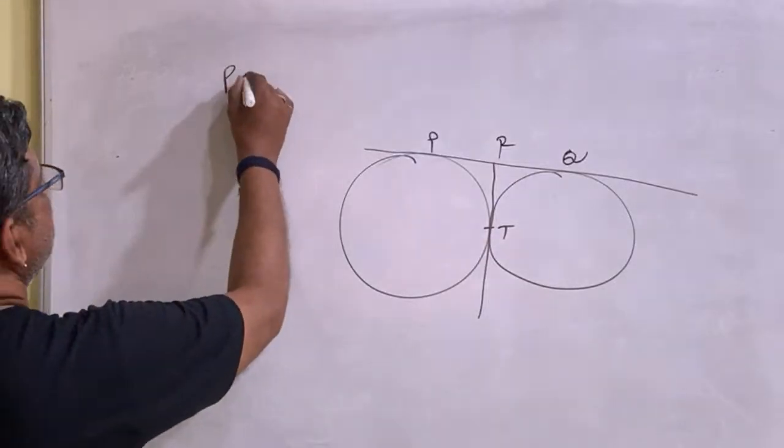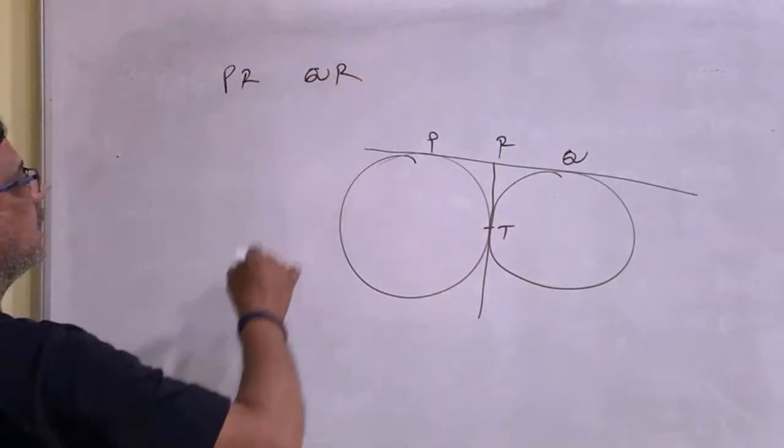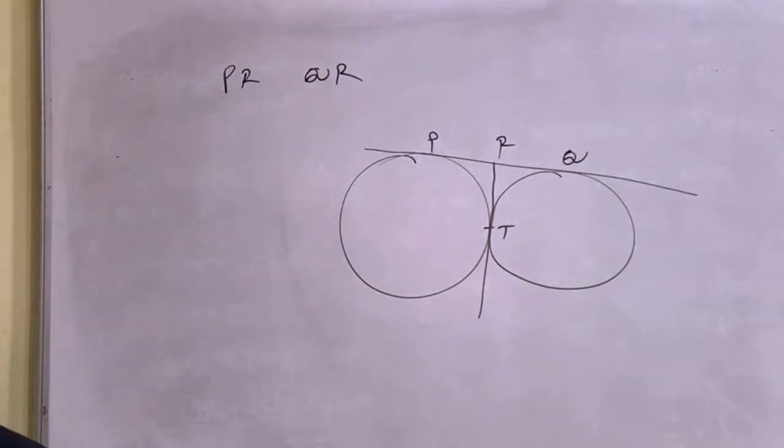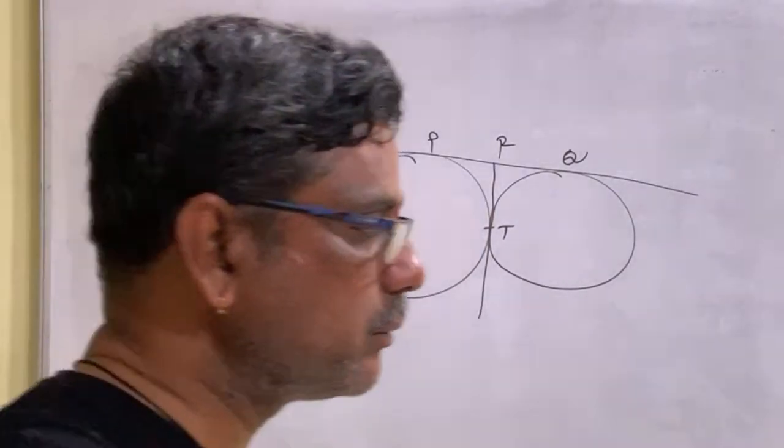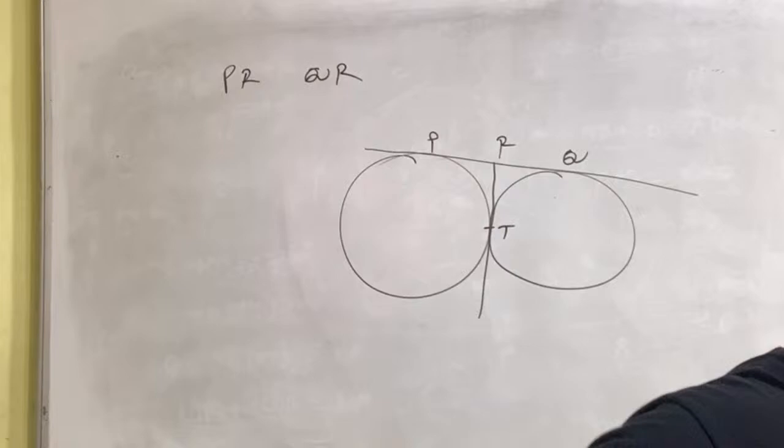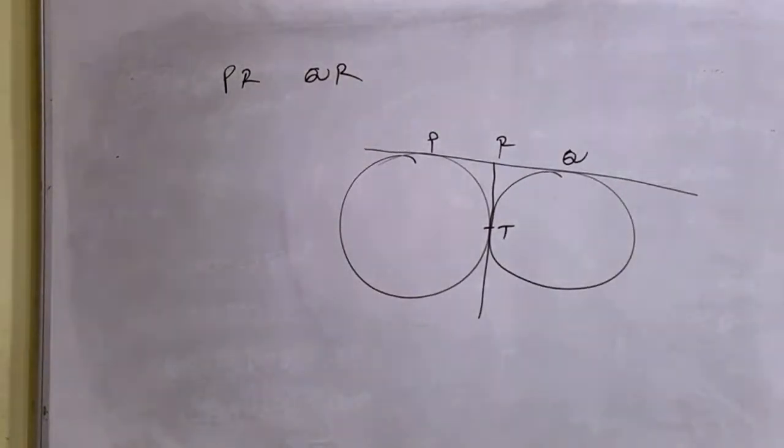What can you say about PR and QR, children? They are equal. Why?